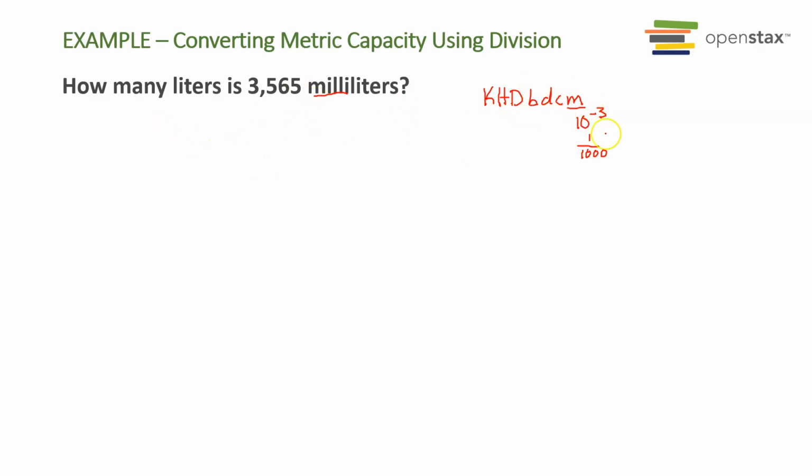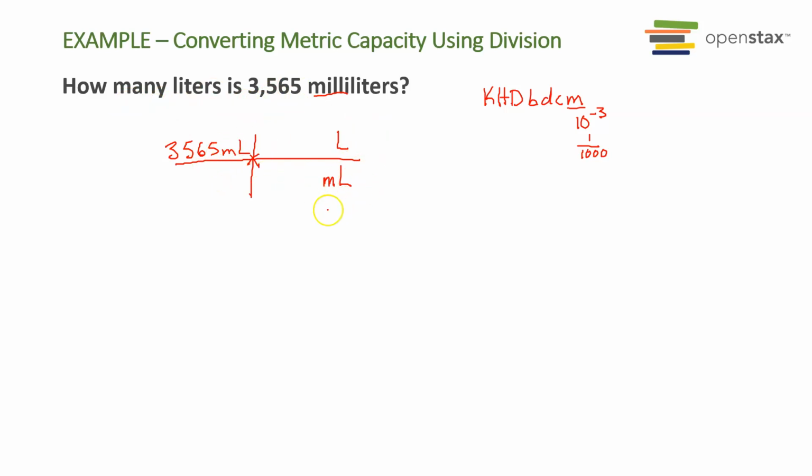All right, so we'll look at that in a minute. So we're wanting to convert from milliliters, so we've got 3,565 milliliters, which would be mL. And again, I like to draw this, so that's what we're starting with. Remember, we're multiplying if it's going to be on top, dividing if it's on the bottom. So we're trying to get rid of milliliters, and we want to end up in liters, because how many liters is what we want.